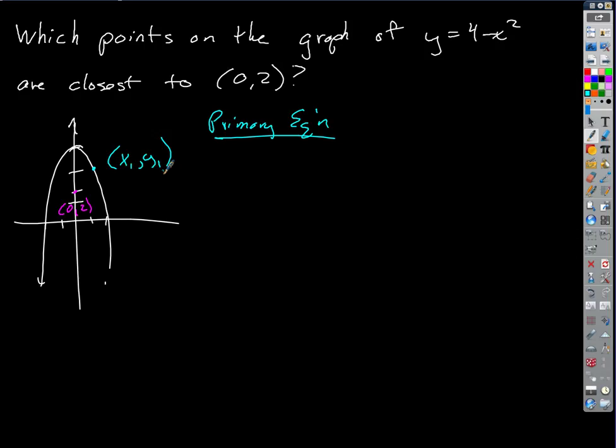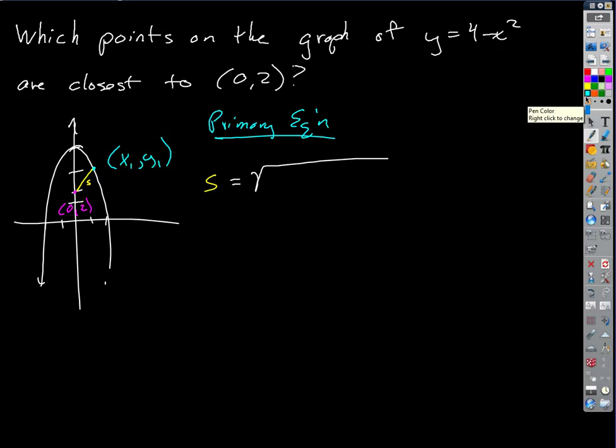Okay, so then, once again, what would the distance be between those points? You guys remember the distance formula, right? The square root of x1 minus x2 squared plus y1 minus y2 squared. Okay, so if we call this distance s, then we could say that s equals the square root of delta x squared plus delta y squared, right?